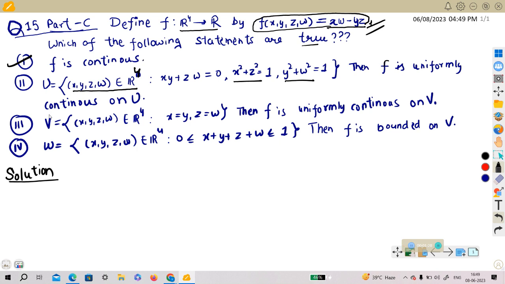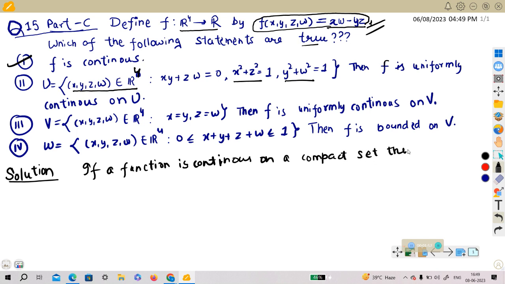Okay, we will use a result. This is a famous result that if a function is continuous on a compact set, then it is uniformly continuous too.